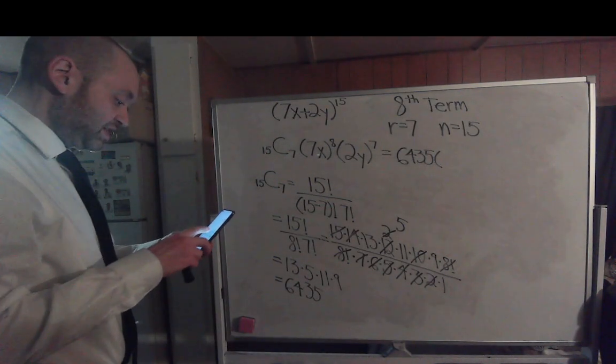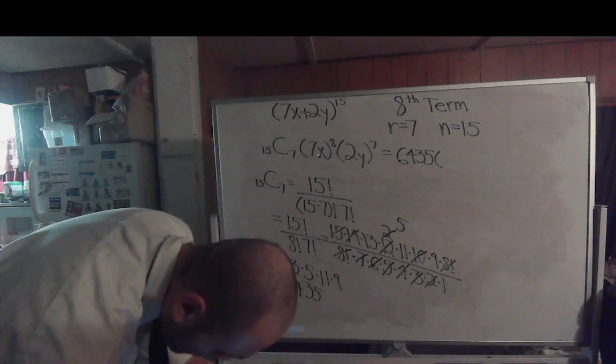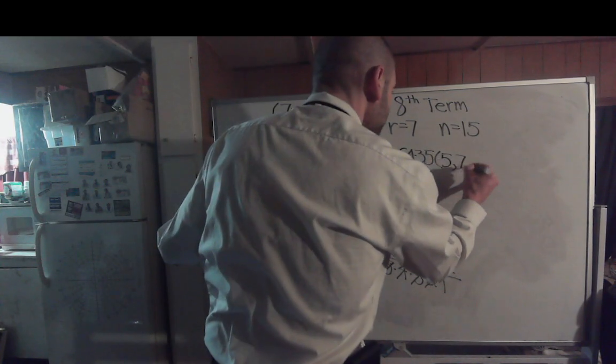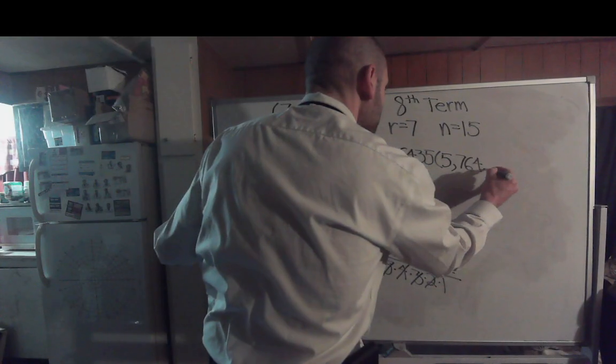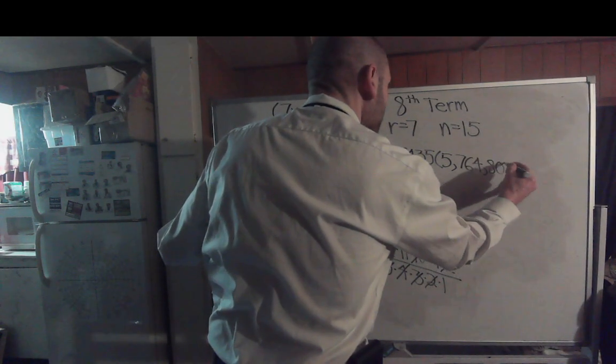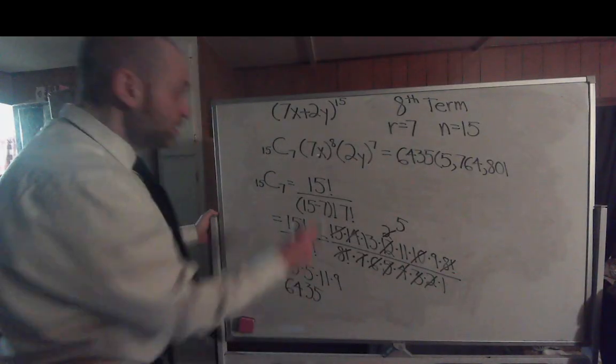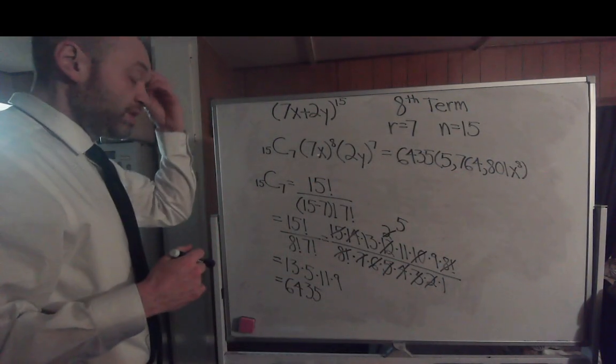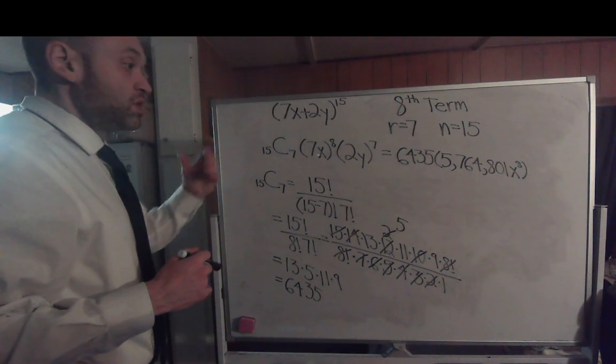So let's figure out what 7 to the 8th power is. Wow. 5,764,801. Of course, you have your x to the 8th times your 2y raised to the 7th, which would be 128y to the 7th.